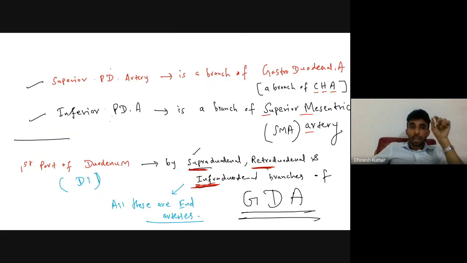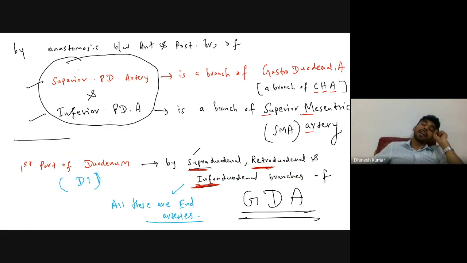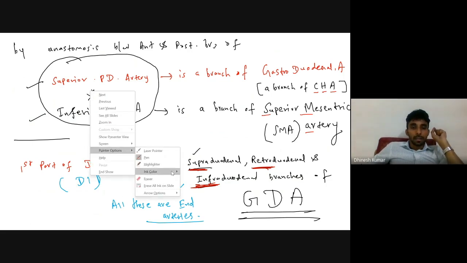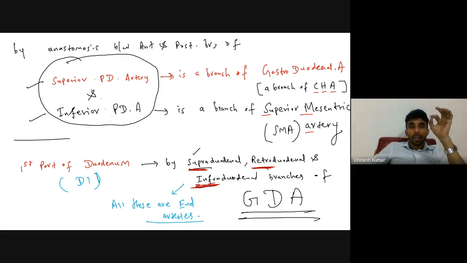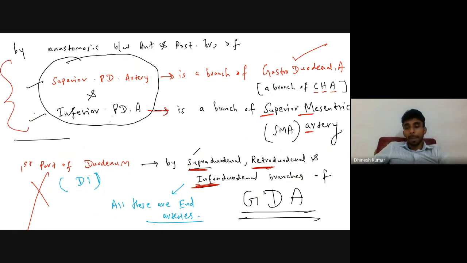If you want to say specifically, the duodenum is supplied by anastomosis between anterior and posterior branches of the superior and inferior pancreatico-duodenal arteries. Extra information: the superior pancreatico-duodenal artery is a branch of the gastroduodenal artery, and the inferior pancreatico-duodenal artery is a branch of the SMA, superior mesenteric artery.